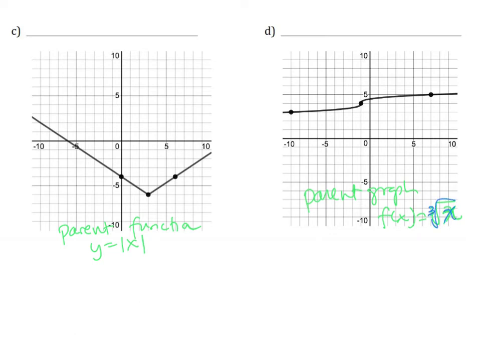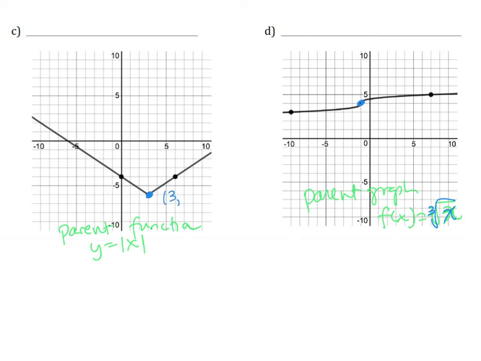Now that you know the parent functions, you can then look at the vertex or the center and then use a point to calculate the a value. So you can try that on your own, right? Or you can go ahead and do it here along with me. But if you try it on your own, go ahead and pause now.